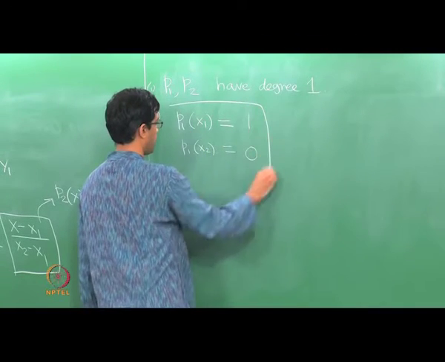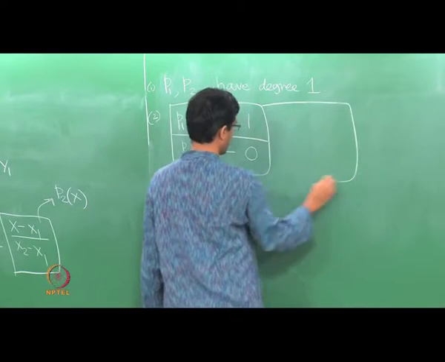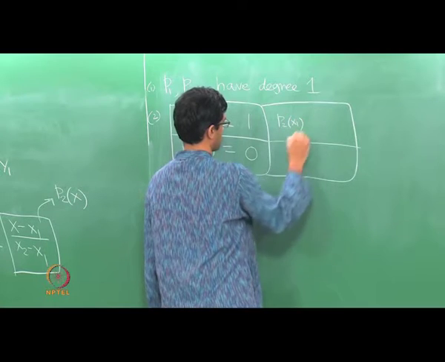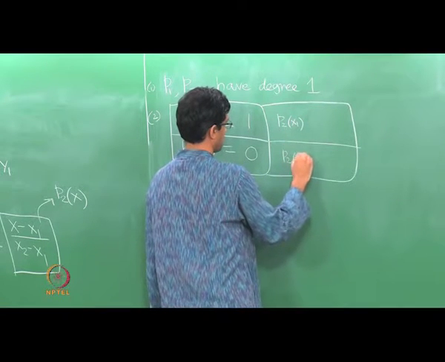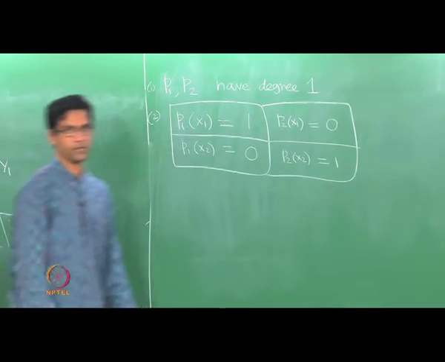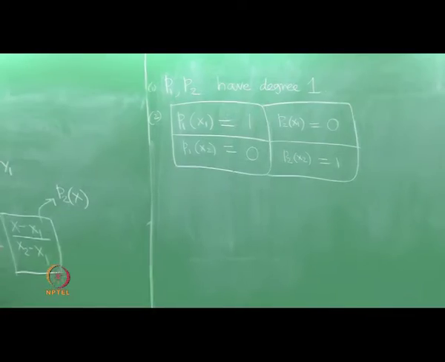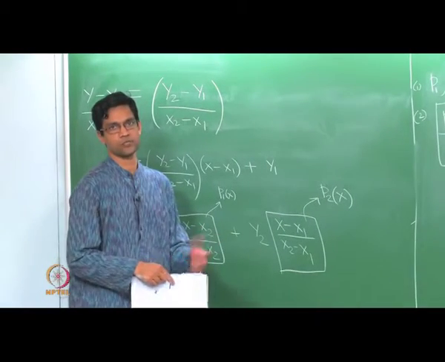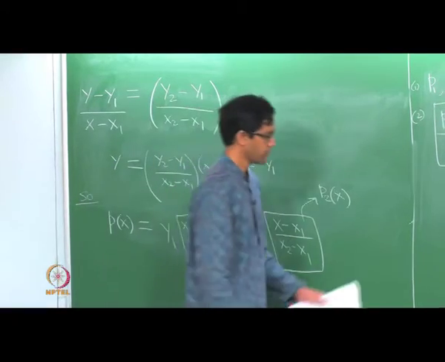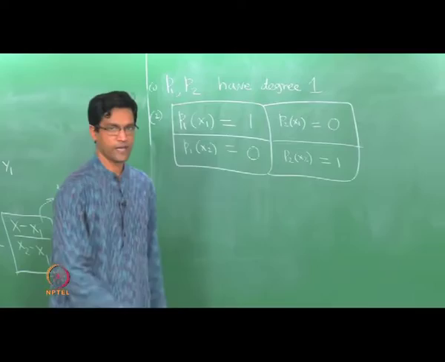Okay, so this is what p1 is, and if you try the same thing with p2, it is the opposite: it is 1 on x2 and 0 on x1. So you have these two polynomials which have these two nice properties, that they are 1 and 0 on x1 and x2. Okay, so that suggests a general way of attacking this problem.